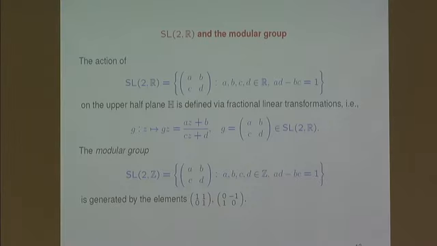Then we have a subgroup of SL2R, which we call the modular group, SL2Z. Now this time we have a, b, c, d in Z, the integers, with the same determinant ad minus bc equal to 1. This modular group is generated by the two matrices (1 1; 0 1) and (0 -1; 1 0).